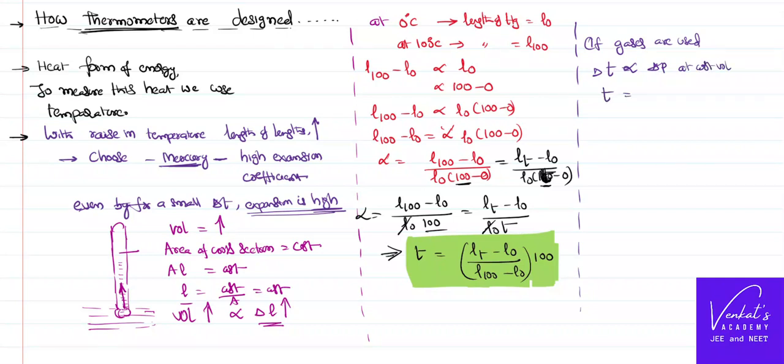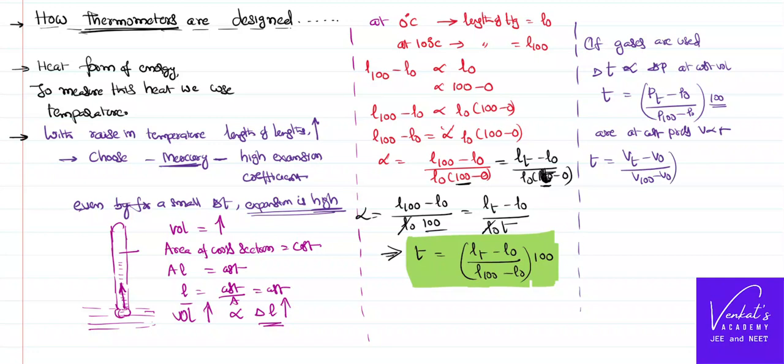Based on that, we can write the temperature as Pt minus P0 by P100 minus P0 multiplied by 100, depending on how we use the scale. Or at constant pressure, volume is also directly proportional to temperature. So we can measure the temperature as Vt minus V0 by V100 minus V0 of 100.